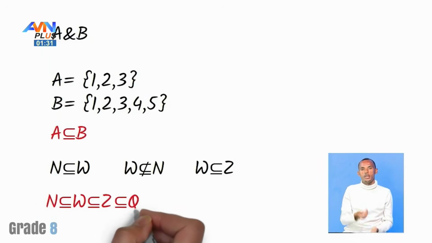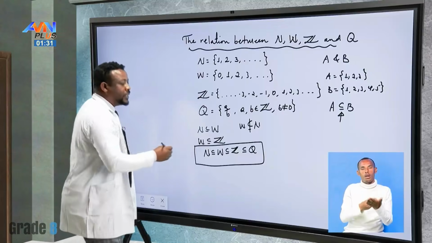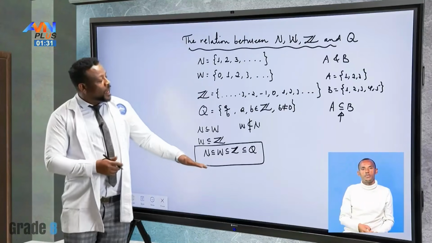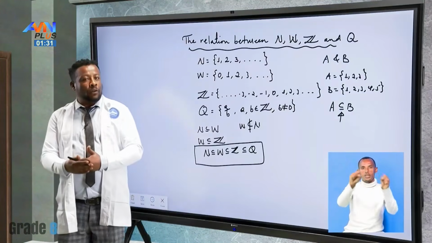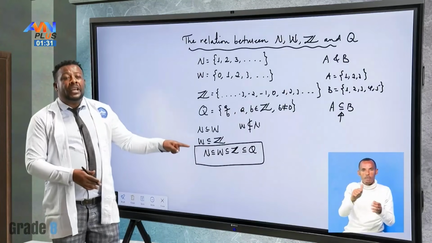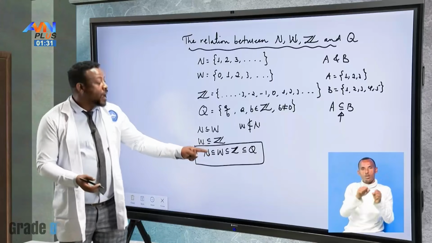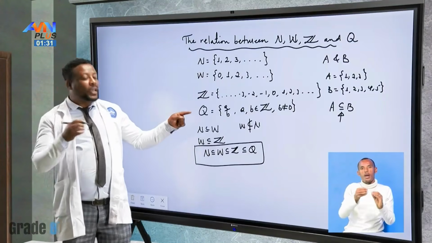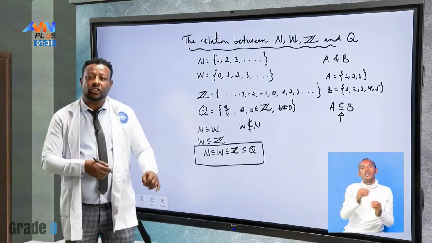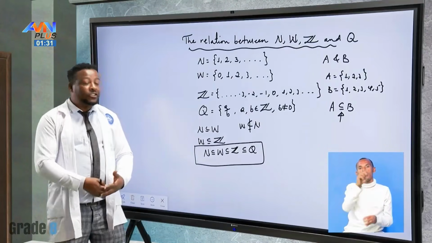So this is the relationship between these 4 sets of numbers, right? Don't forget, every natural number is contained in the set of whole numbers. Every whole number is contained in the set of integers, and every integer is contained in the set of rational numbers.